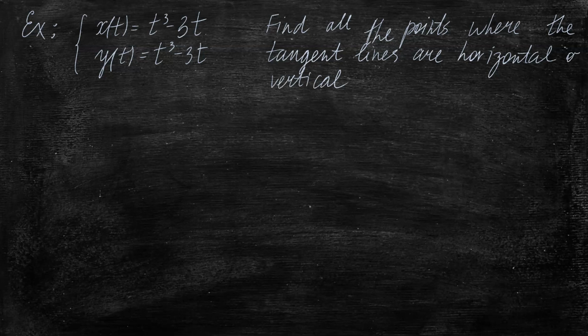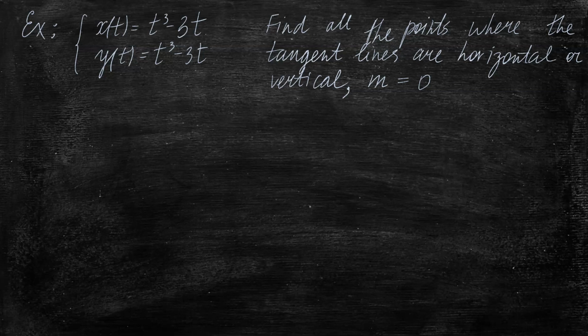So we're going to find them all. And what does it mean for a tangent line to be horizontal? We can rephrase this question, and horizontal actually means the slope of the tangent line is equal to 0. And what does it mean to be vertical? Vertical lines don't have a slope.